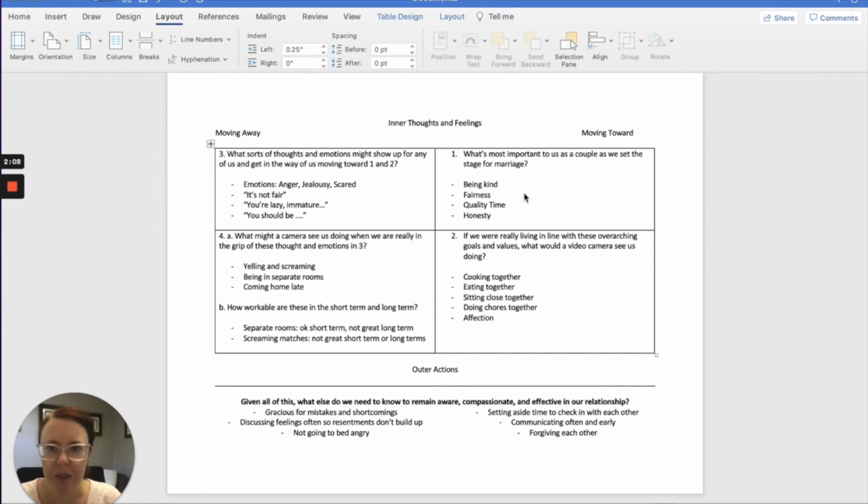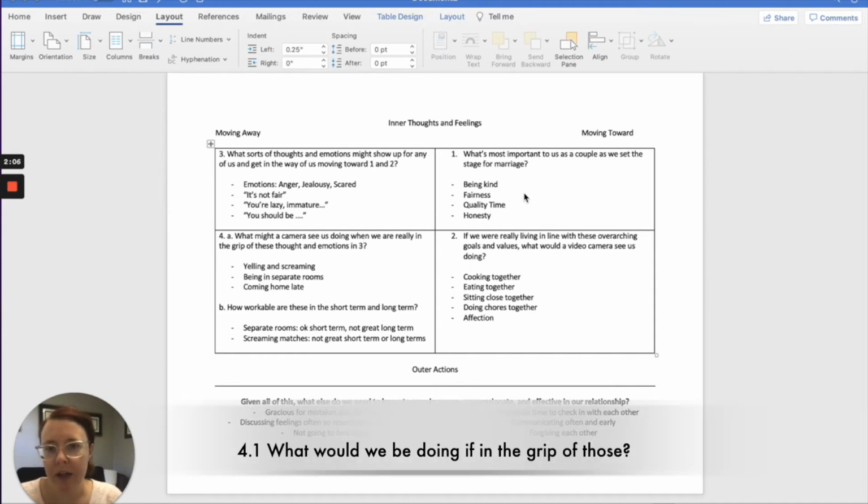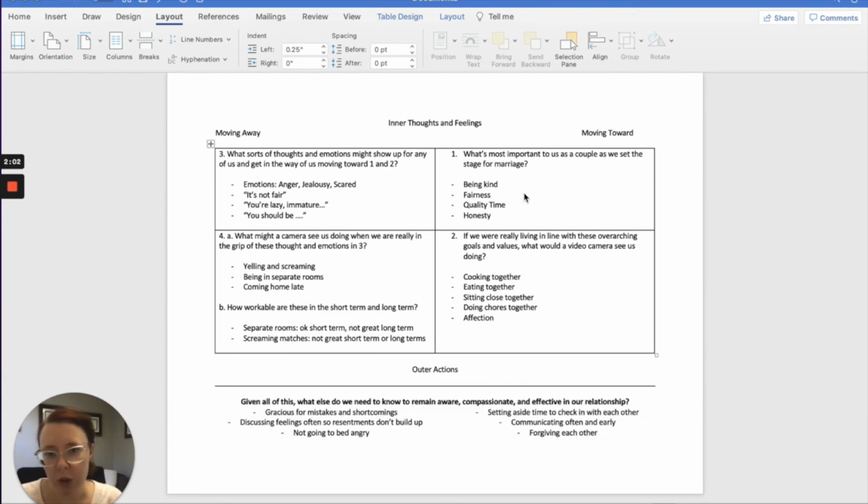Okay, question number 4. What would a camera see us doing if we were really in the grip of those thoughts and emotions from question 3? So maybe that would be yelling and screaming, or being in separate rooms, or sleeping in separate rooms, or coming home late. Those might be things that a camera would pick up.